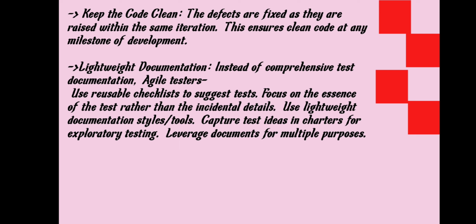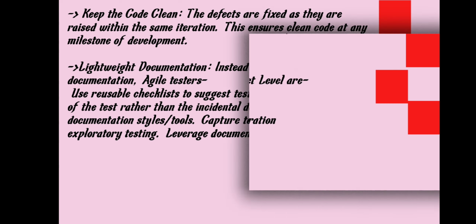Focus on the essence of the test rather than the incidental details. Use lightweight documentation styles or tools. Capture test ideas in charters for exploratory testing. Leverage documents for multiple purposes.